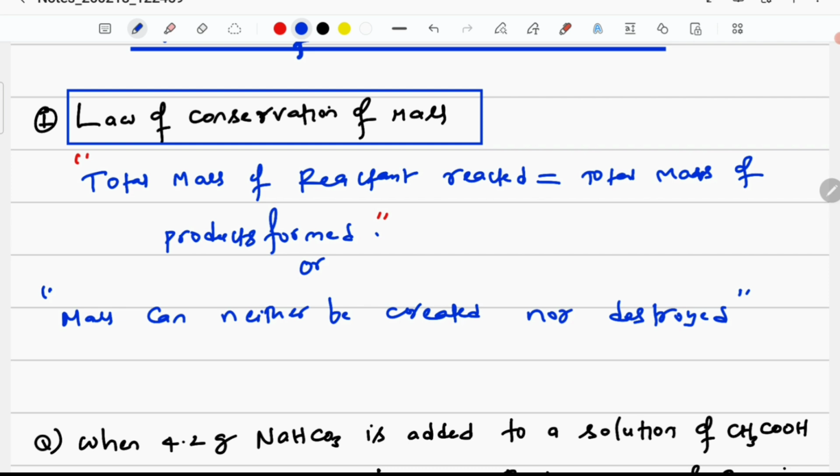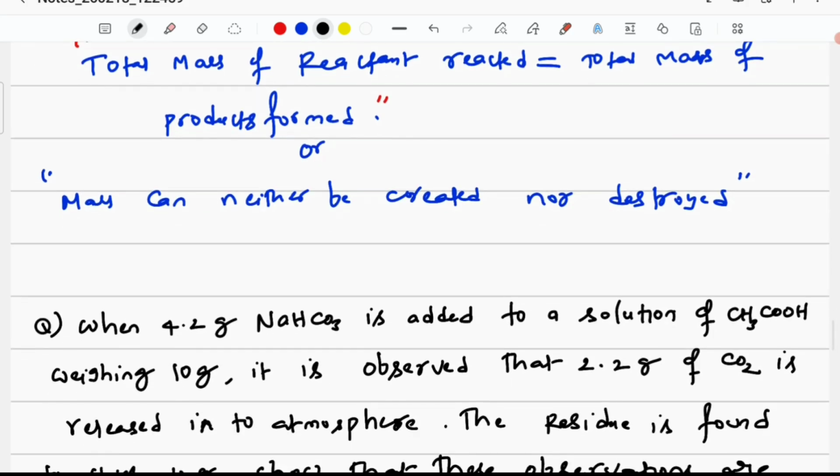Overall, mass can neither be created nor destroyed. This is the general statement of the law of conservation of mass. So who gave this law of conservation of mass? The law of conservation of mass was given by Lavoisier.